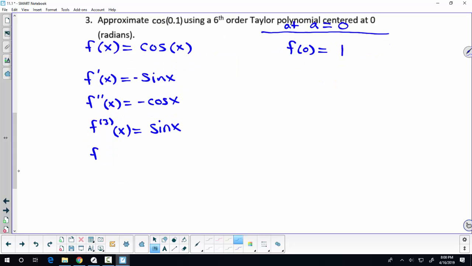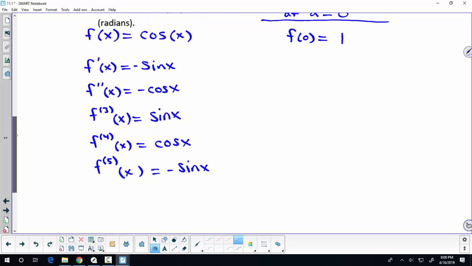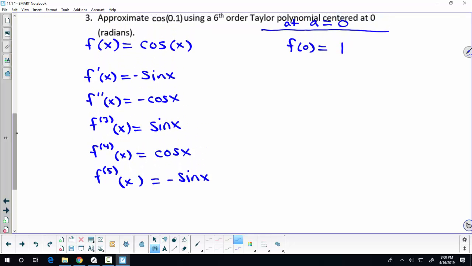And fourth derivative, fifth derivative. So here we're repeating, sort of getting offline there. And then sixth derivative, negative cosine.